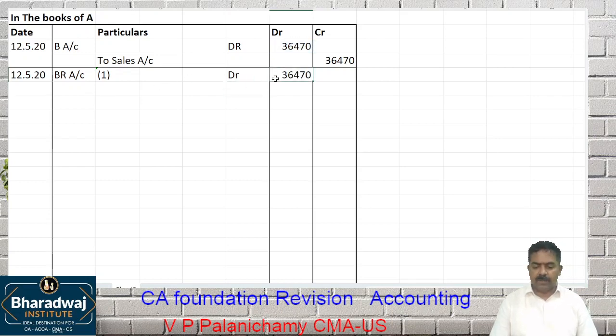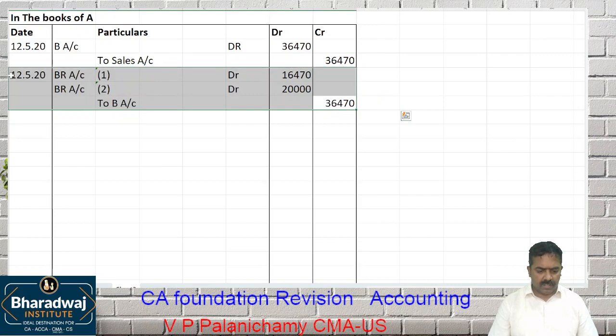What is the first bill value? Then bills receivable account debit, bill number 2. Don't combine them, because both have different due dates. 20,000. Total is 36,470, to which account? To B account. Two bills are drawn.